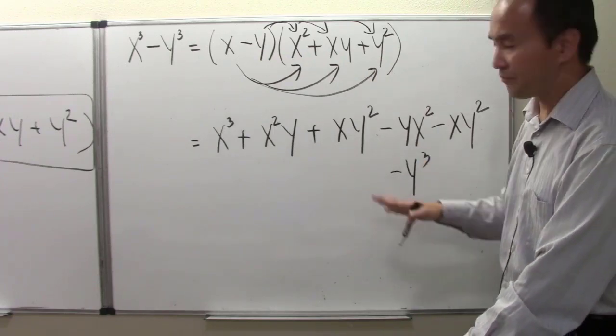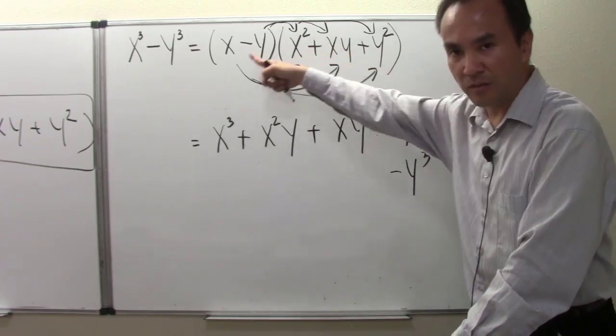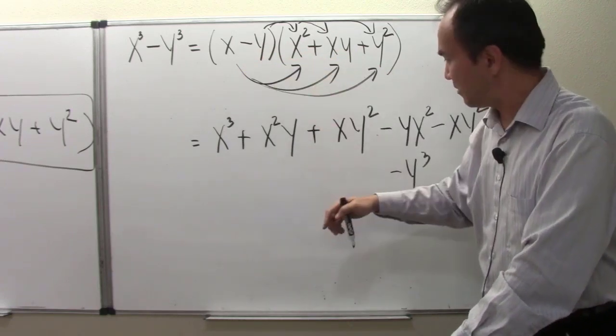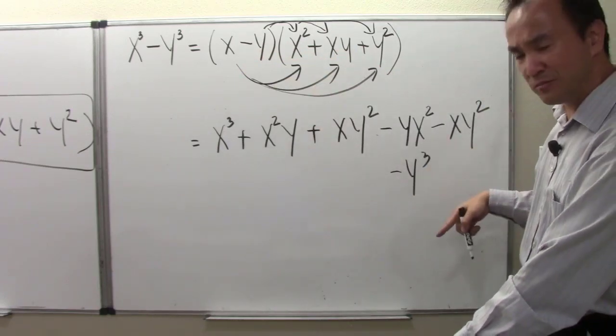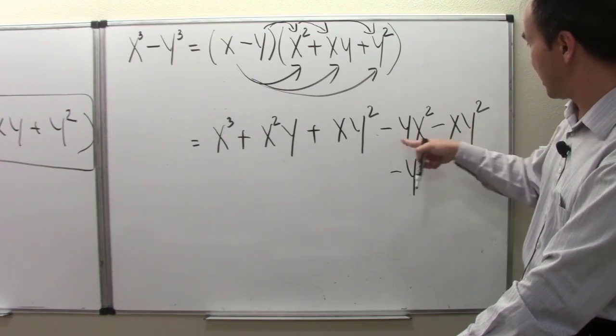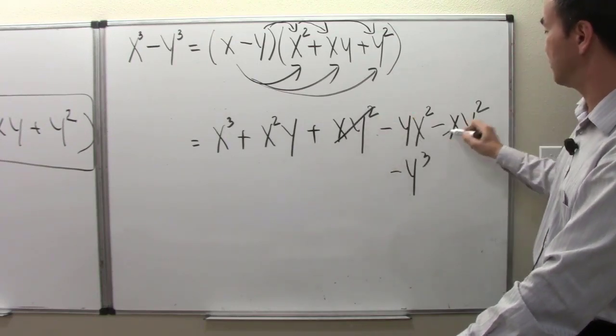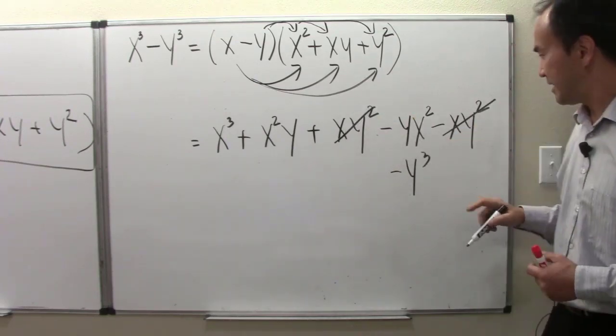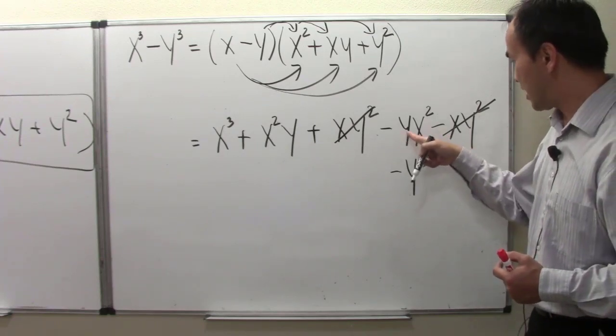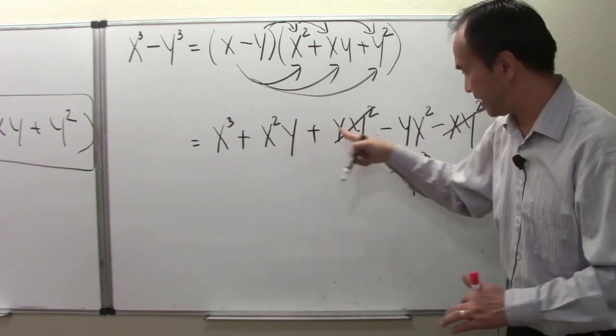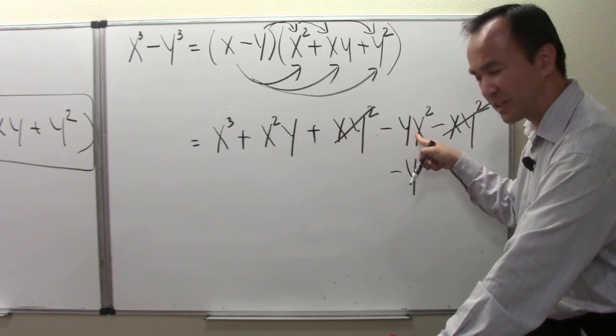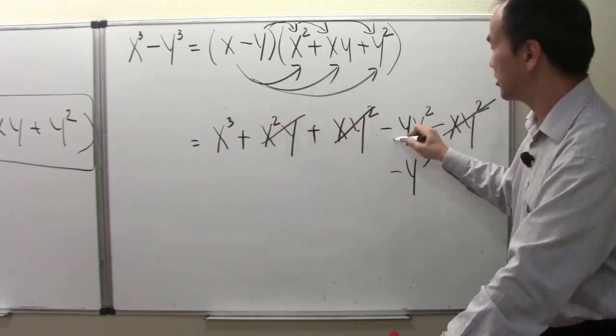And so now, after distributing all of the terms and expanding it out, I can see that I have a couple of opposite terms here. The xy squared and minus xy squared are opposite terms. We can cancel them, okay? And then x squared y and minus y x squared, they are just a little bit of a rearrangement, but they are indeed opposite terms again.